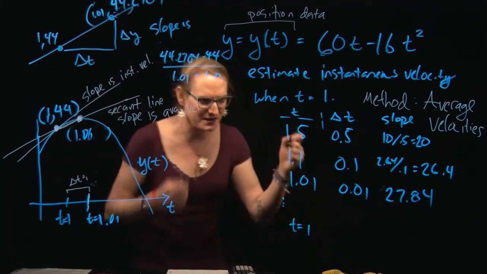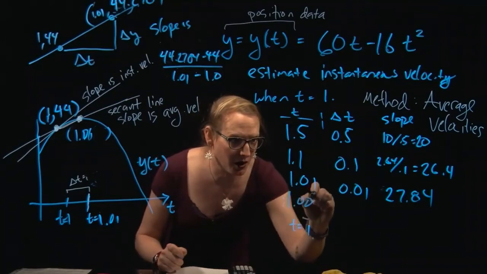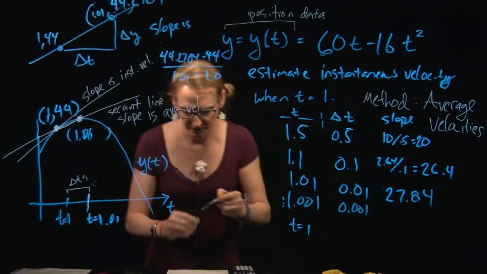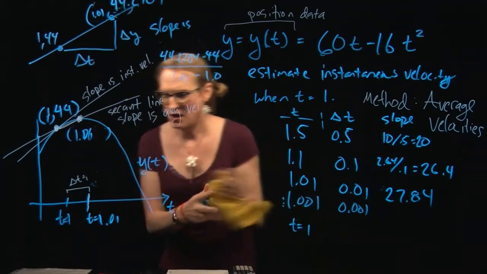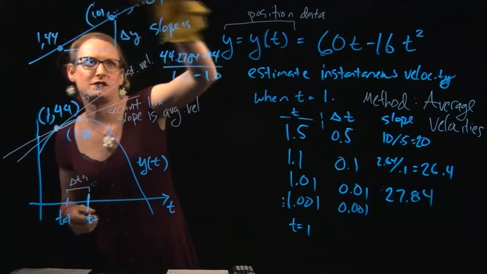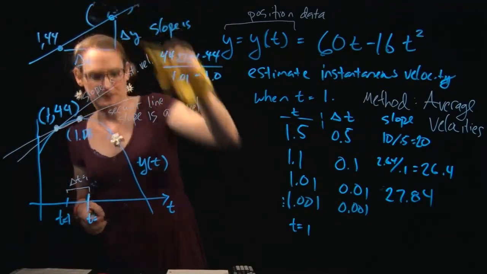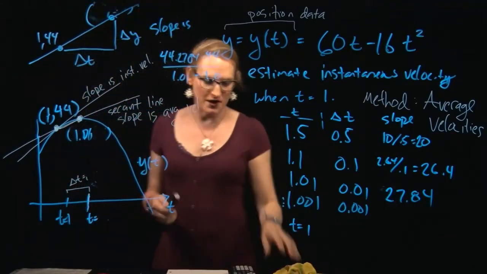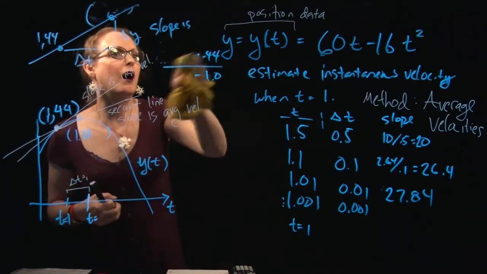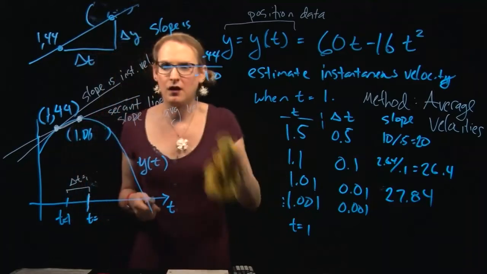So let's do another term in the sequence. Let's go 1.001, 0.001. I'm not going to bother to rewrite some stuff in some places. So let's just go ahead and evaluate our function at 1.001.